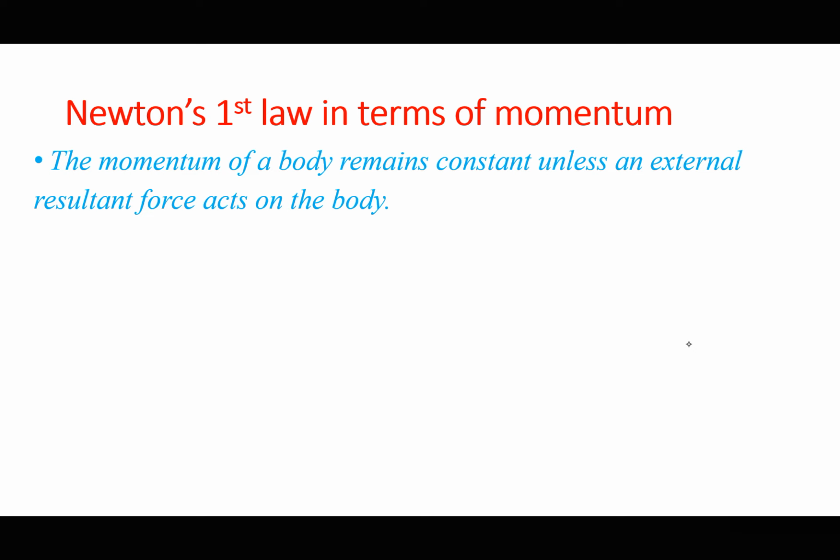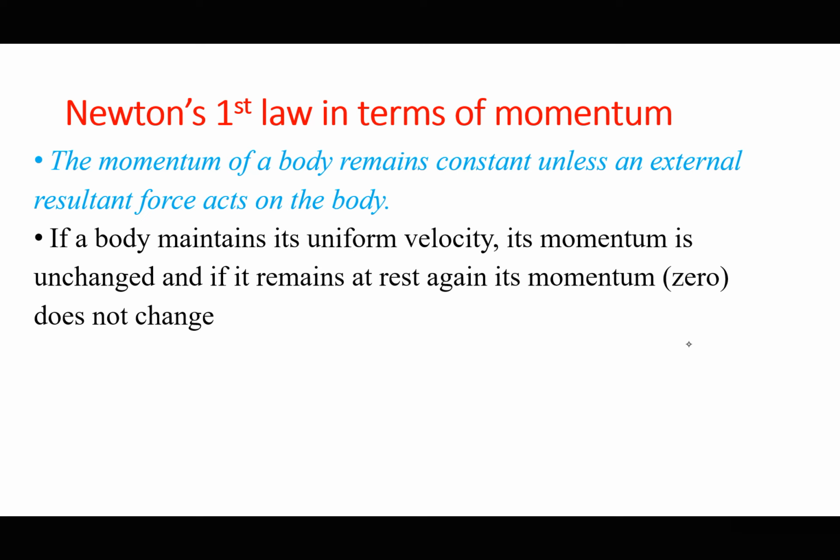The momentum of a body would remain constant unless an external resultant force acts on the body. So if a body maintains its uniform velocity, its momentum is not changed. And if it remains at rest, again, its momentum, zero, does not change.